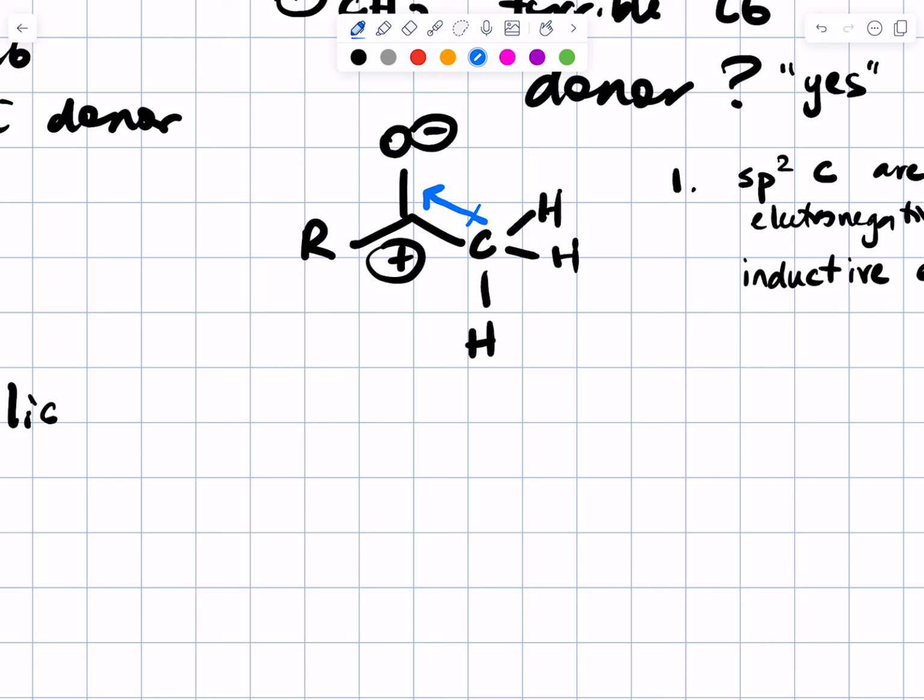That's not happening in the aldehyde. You'd predict that effect would tend to decrease how positively charged the carbonyl carbon is, making the ketone a little bit less electrophilic than the aldehyde. And that's generally true. The ketone is a little, not hugely, but a little less electrophilic than the aldehyde.